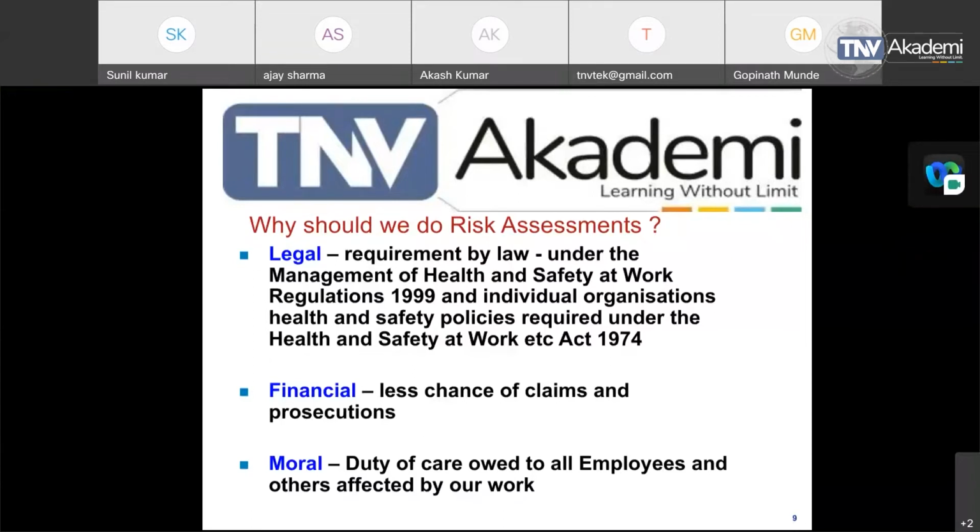So why do they do that? Because it's a legal requirement, it's also a financial requirement, and it's also a moral one. When we talk about the legal requirement, it is required by law, that is the Management of Health and Safety at Work Regulations 1999 and the Health and Safety at Work Act 1974.